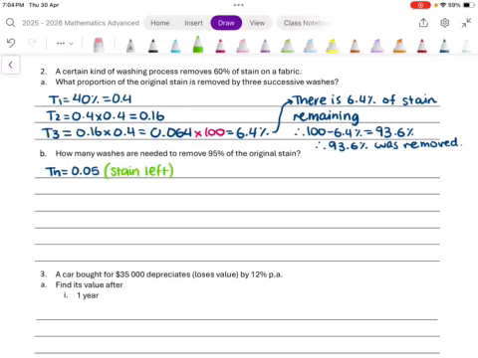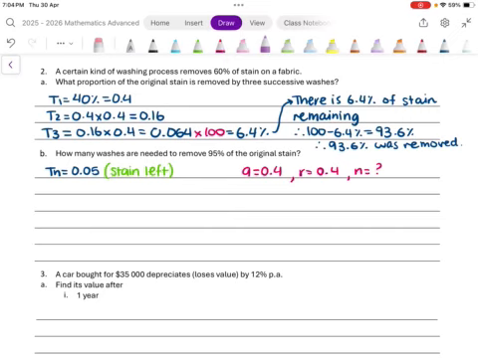Okay, we are using our same starting value. So our starting value is our A equals our 0.4 because we're removing 60% each time and leaving 40%, and our ratio is 0.4 as well, and we have our n equals question mark. That's what we're trying to find, the number of washes.